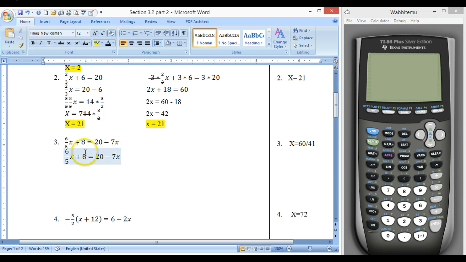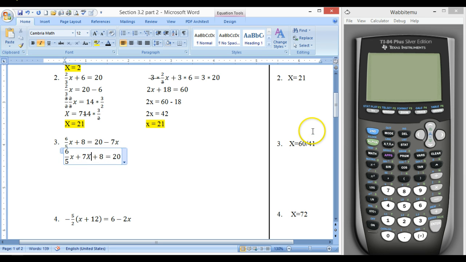So I'm going to combine the x's on one side and combine the numbers without any variables on the other. So I'm going to pick the left-hand side just to stay consistent and move my 7x over. You can think about adding 7x, and then it cancels, and then we would add 7x over here.